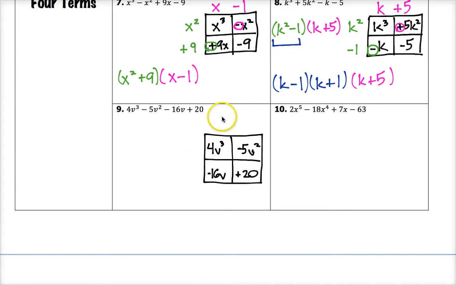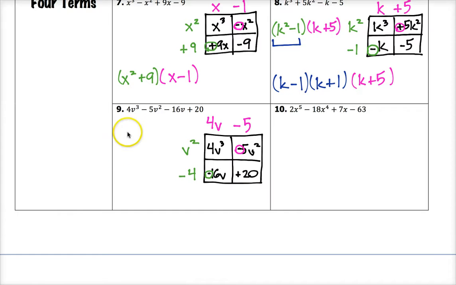For the top row, the GCF is just v squared. For the bottom row, it's going to be a minus 4, GCF of 16 and 20. For the left column, the GCF would be a 4v, and for the right column, it'll be a minus 5.